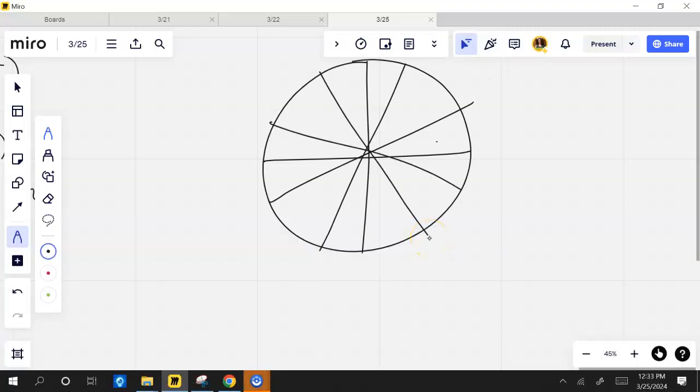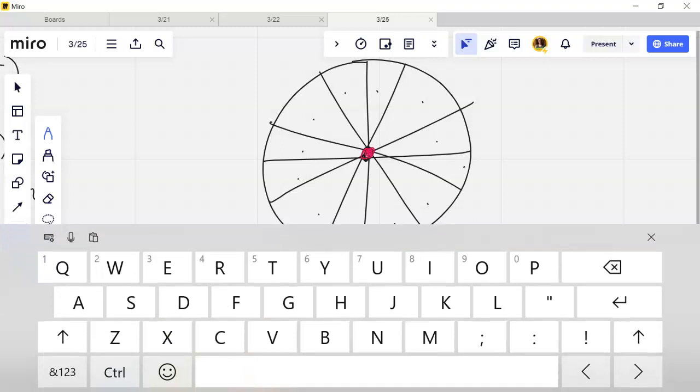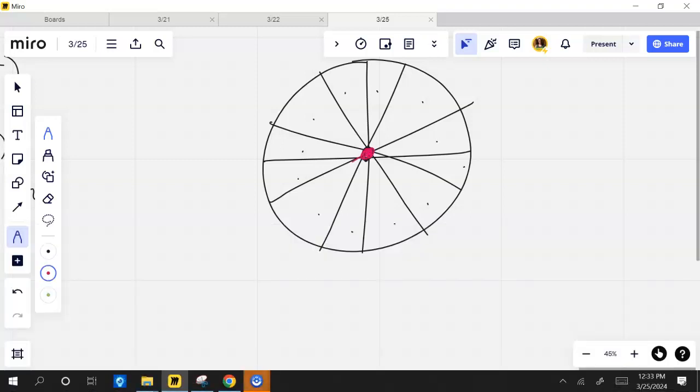The clock reads 8 o'clock and it has a diameter of 12.5 inches. So 8 o'clock here. That means if the diameter is 12.5, then my radius is going to be 6.25. Do you agree?